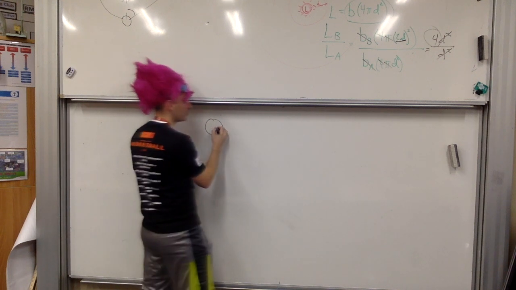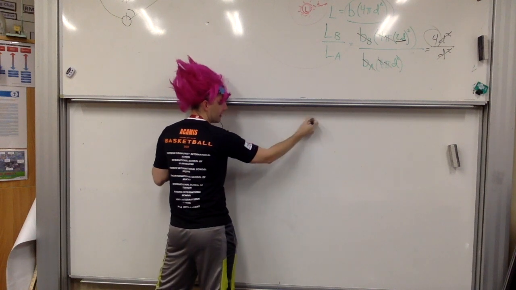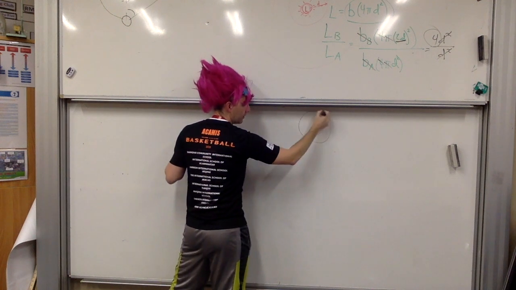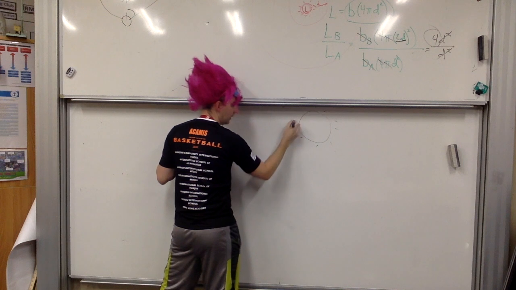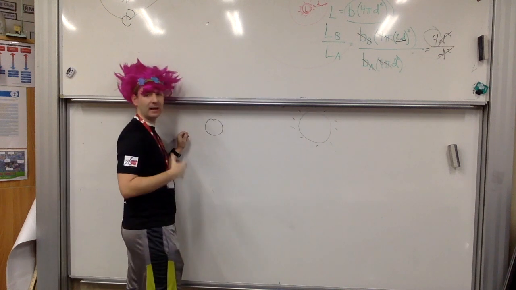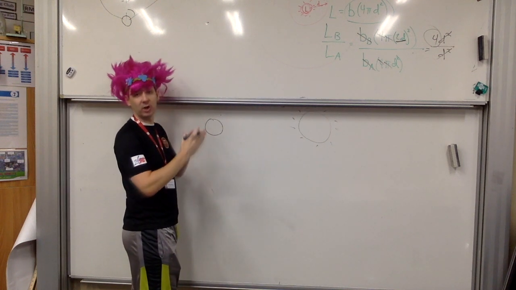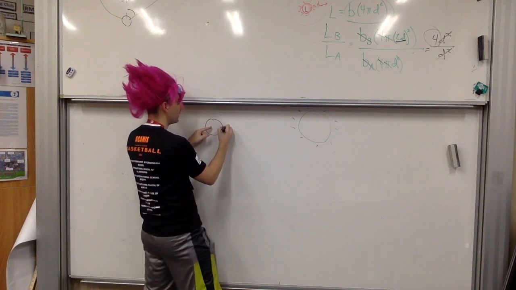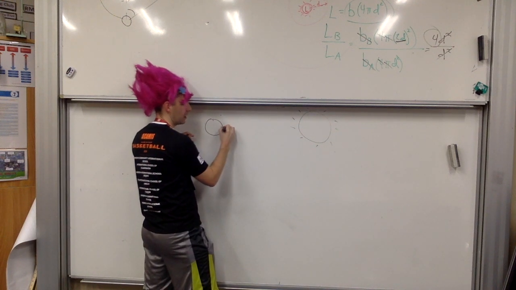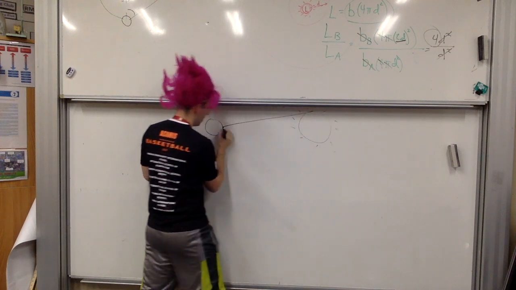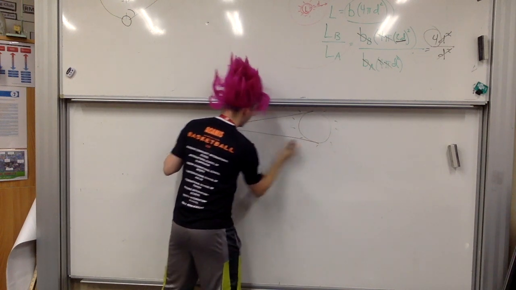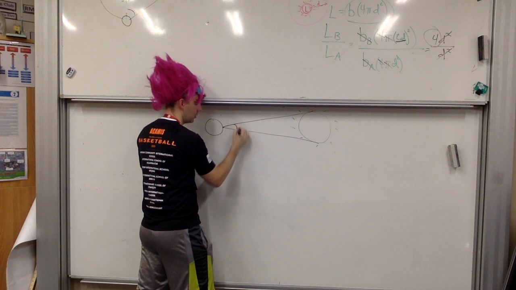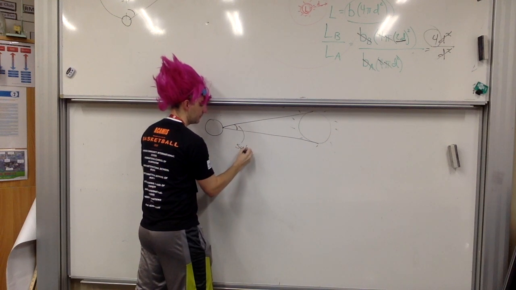Now, if we're stationary, and let's say that I'm looking at a star that's much bigger than me, when I talk about an angle that's subtended, maybe over the whole diameter of the star, then what that's talking about is from my viewing point here, this is the angle that is subtended.